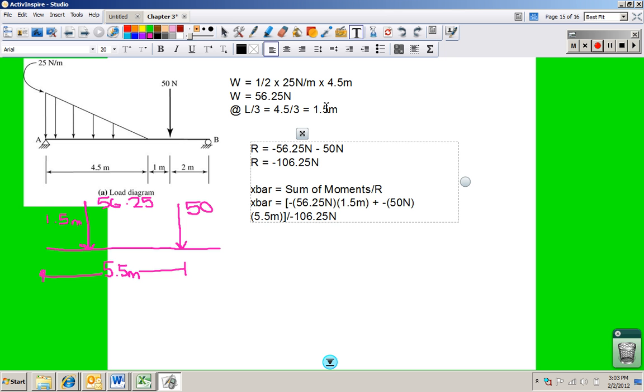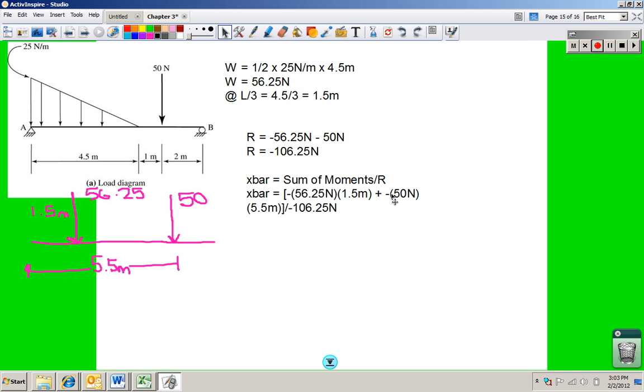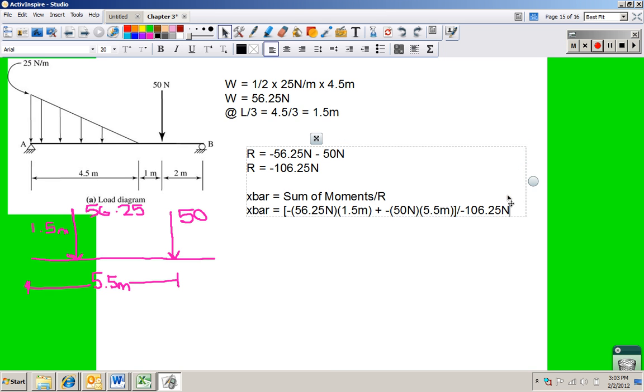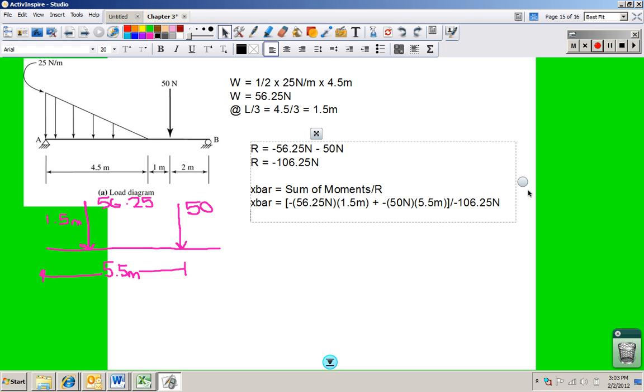So let's plug that into our calculators and see what we get. So I got 359.375.